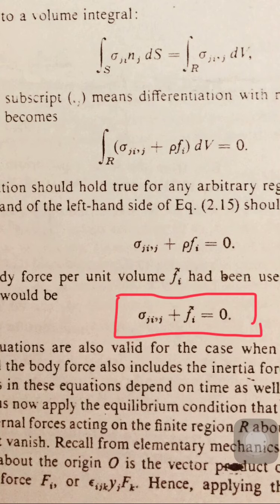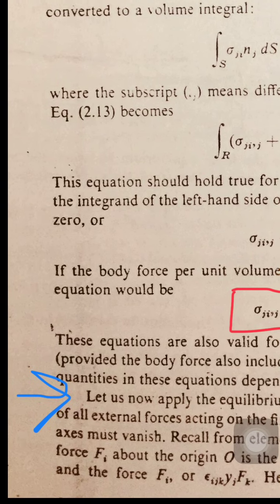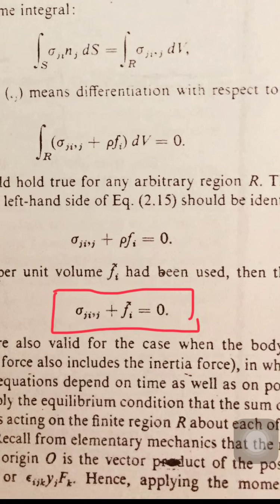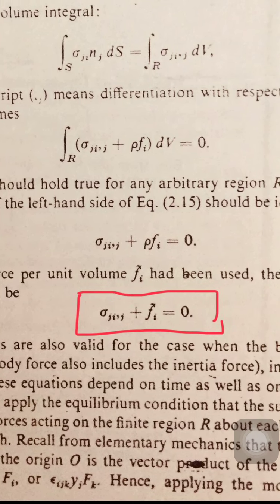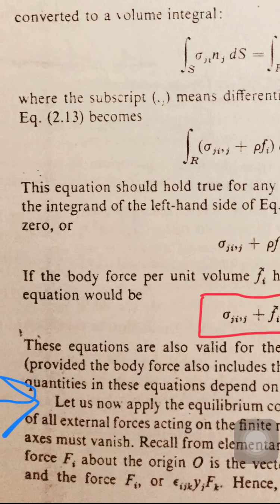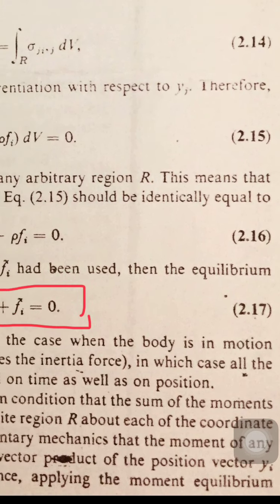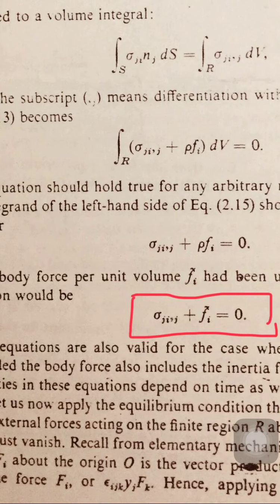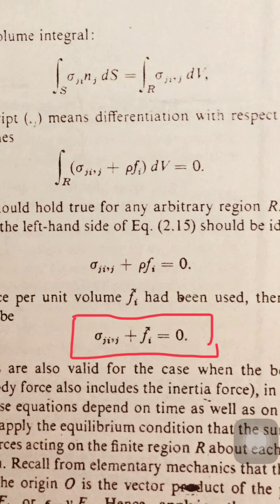So it can be written as sigma ji comma j plus fi bar is equal to 0. This equation 2.17 is known as the equilibrium equation for force. This equation is also valid for the case when the body is in motion, provided the body force also includes the inertia term due to motion, in which case all the quantities in these equations depend on time as well as position. So this is a force equilibrium equation.